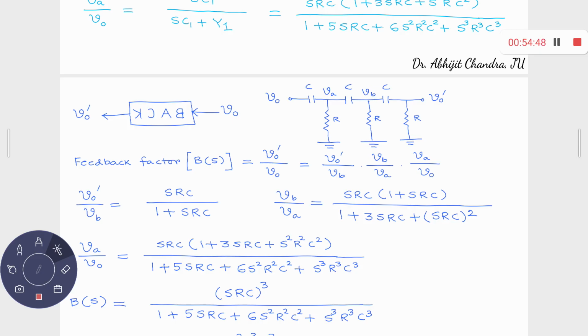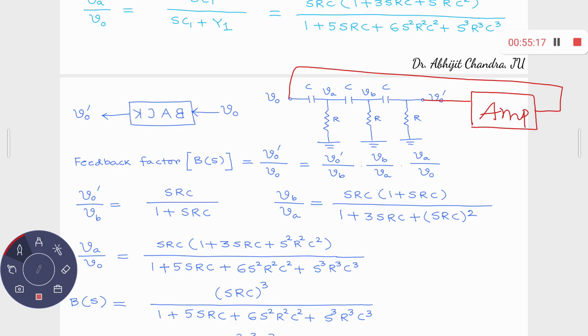Right? V0 dash is provided where? At the input of the amplifier. So once again, you remember this is the amplifier, right? What is the amplifier output?